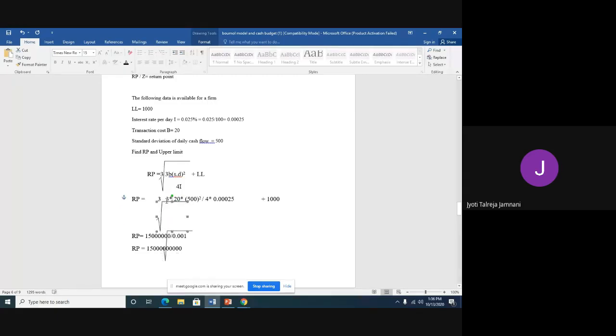Anybody having a scientific calculator can try the cube root of it.